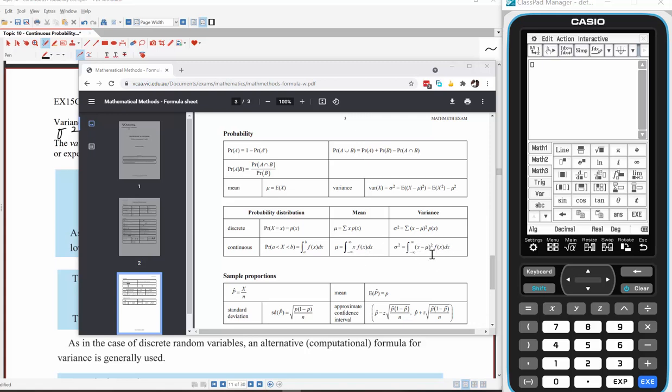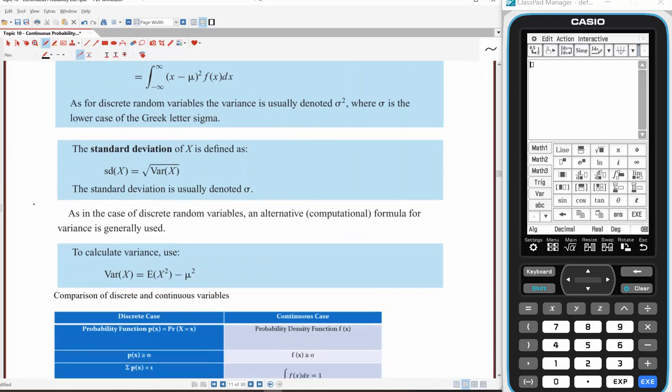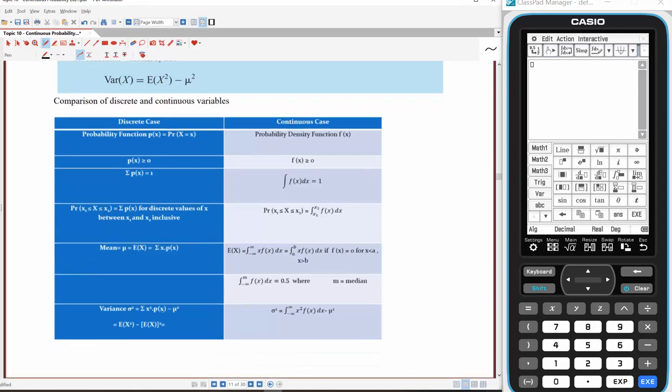This is the one on the formula sheet, but what we're going to use is the computational version of it. There's a proof to explain how that is derived from that. I can't do that proof, I just use the formula. So that's a summary of how we find the mean and variance of discrete and continuous random variables.